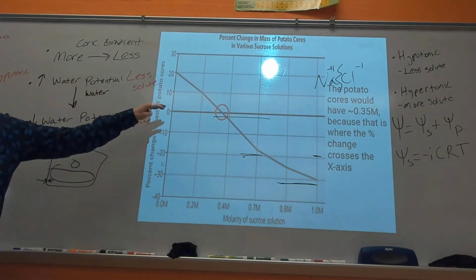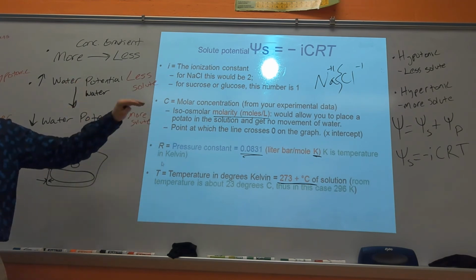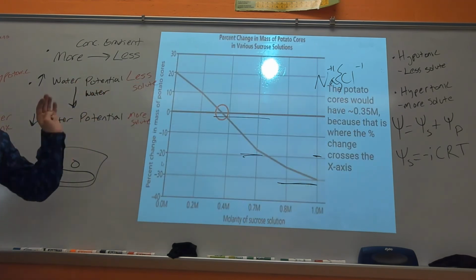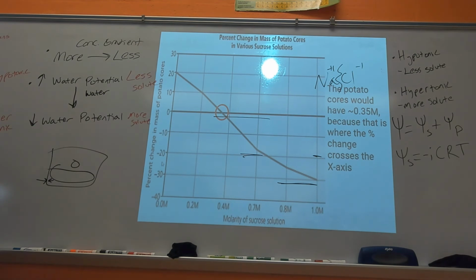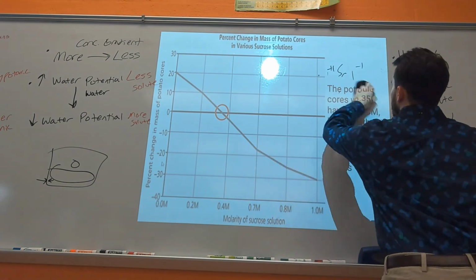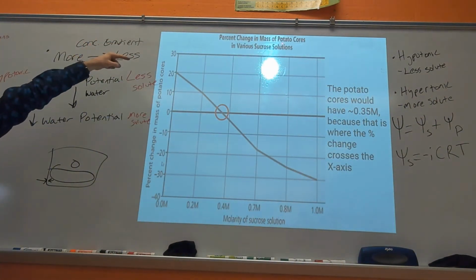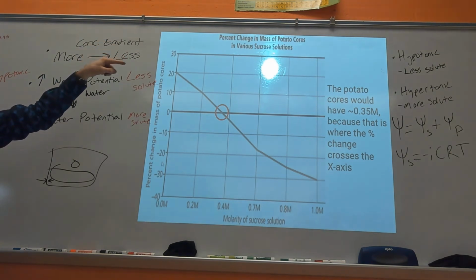All right, this is showing you what I was mentioning with the point at which the line crosses the zero. That's how you find the molar concentration. So you're going to see something very similar on your paired essay, where I'll give you a graph, and this is showing percent change in mass of potato cores in various sucrose solutions.